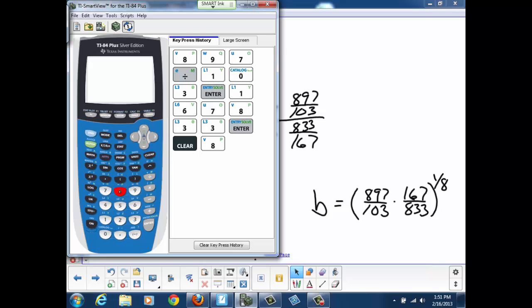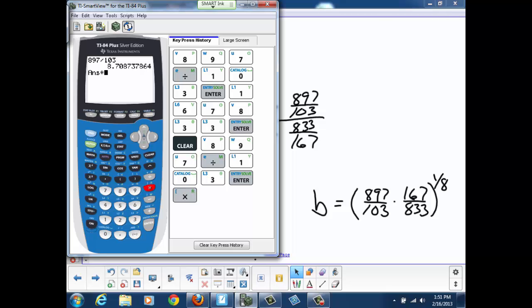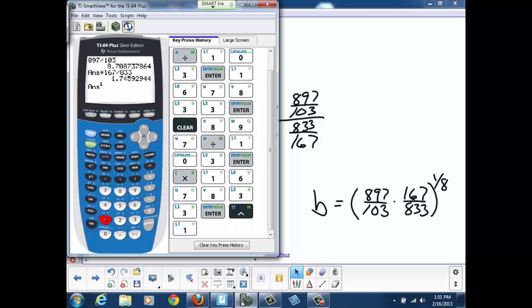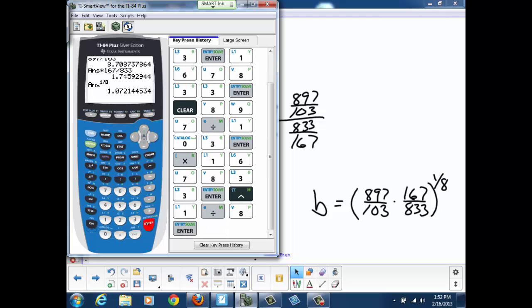So first, 897 divided by 103, and I'm going to multiply that by 167 divided by 833, and then I'm going to raise that to the 1/8. So my b value is 1.072.